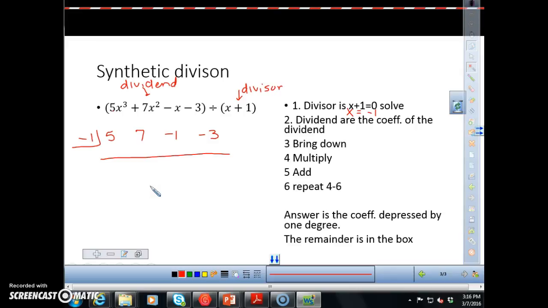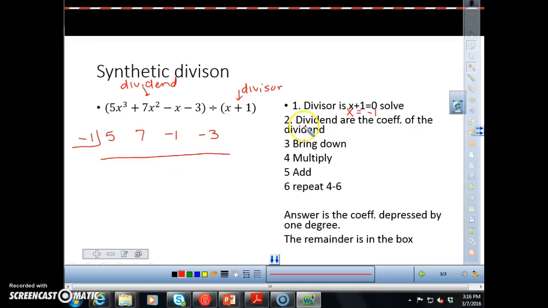Remember to write stuff down. All right, and this is the fun part. Granted, we could do long division like you see on the top of your paper, but it's really long and strenuous. So we're going to do synthetic division.